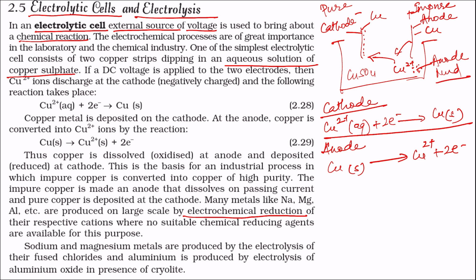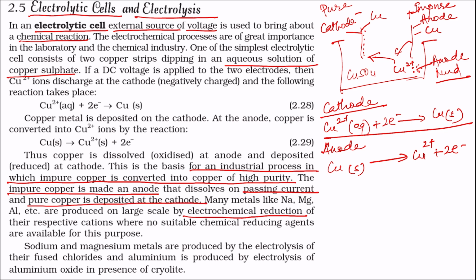So this electrochemical reduction can be used for the purification of copper. This is the basis for an industrial process in which impure copper is converted into copper of high purity. Impure copper is made the anode, which dissolves on passing current, and pure copper is deposited at the cathode.